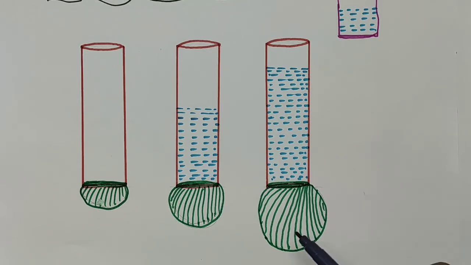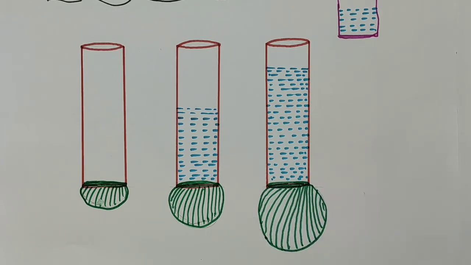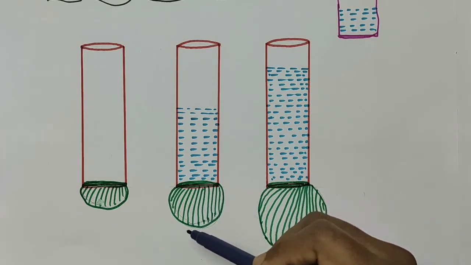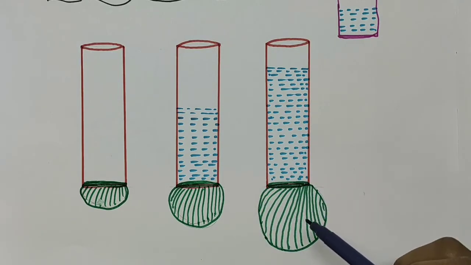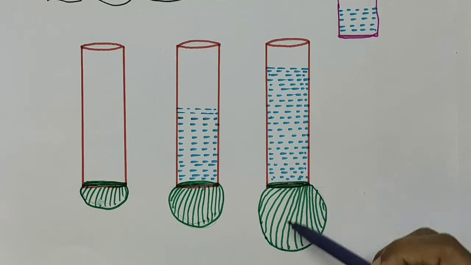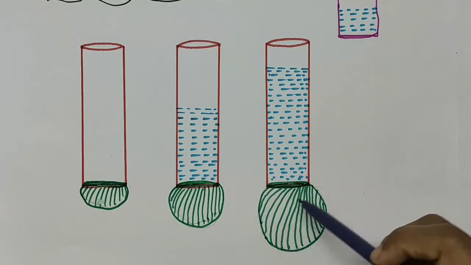That is, water exerts some pressure on the balloon. The balloon was at the bottom of the glass tube, which means water exerts pressure in the downward direction. That is, water can exert pressure at the bottom side.